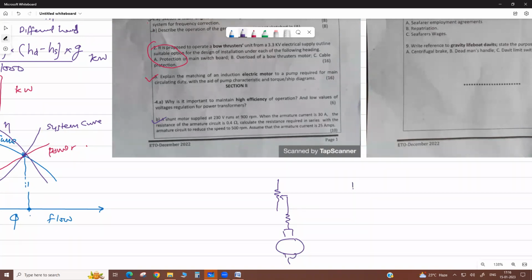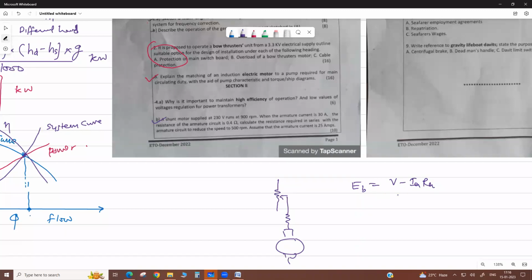So you know for a shunt motor, the back EMF is directly proportional to the speed. You calculate the back EMF, Eb equals V minus Ia Ra. So as the resistance is changed, this current I is changed.